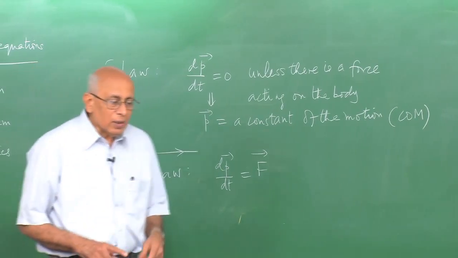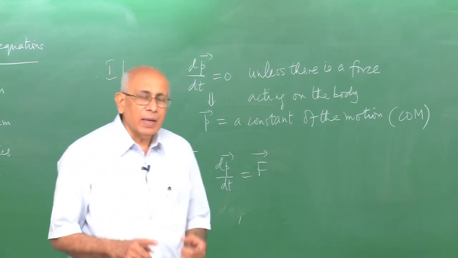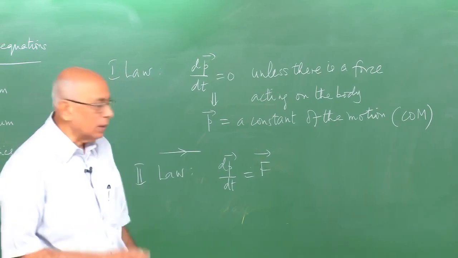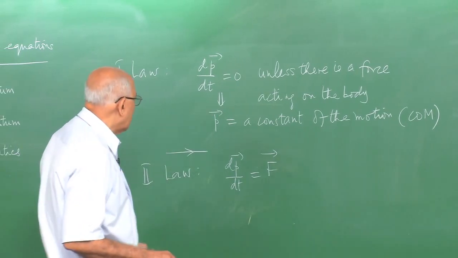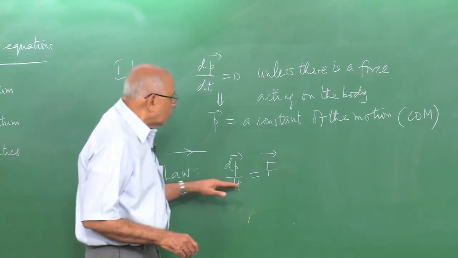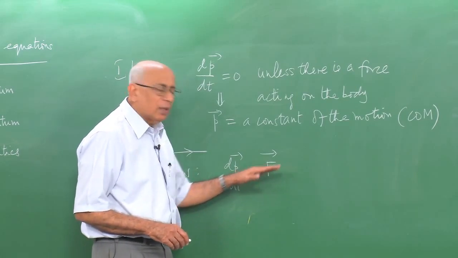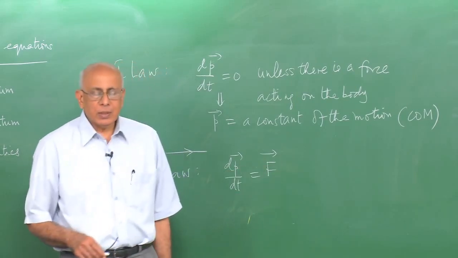Now, the third law carries this one step further, and this was entirely Newton's contribution. The first law essentially was known to Galileo, and the second law was around at that time, but the third law is entirely Newton's creation.